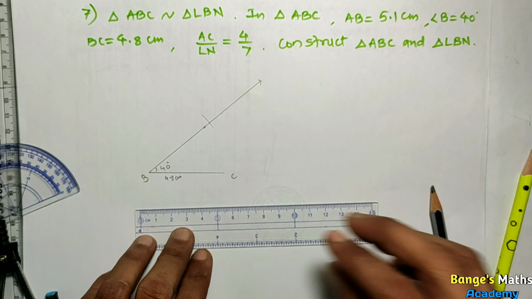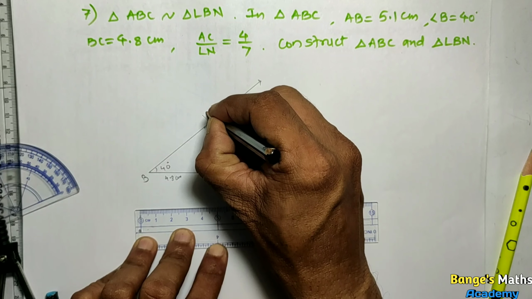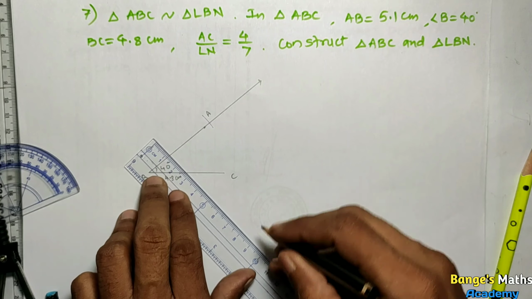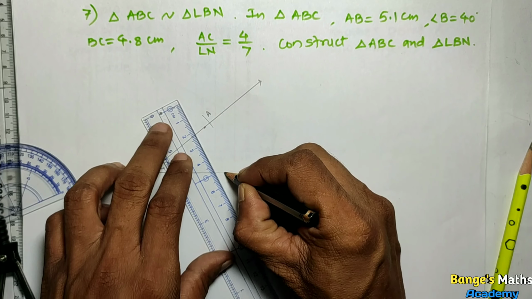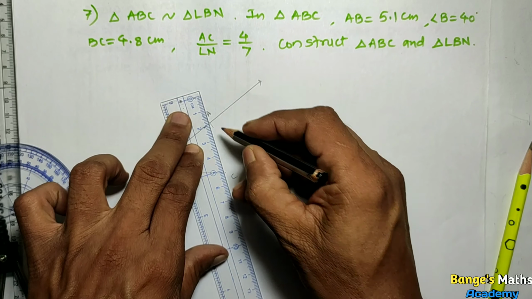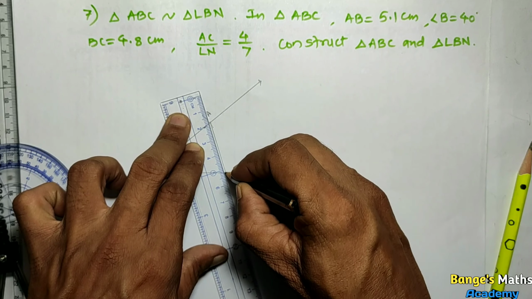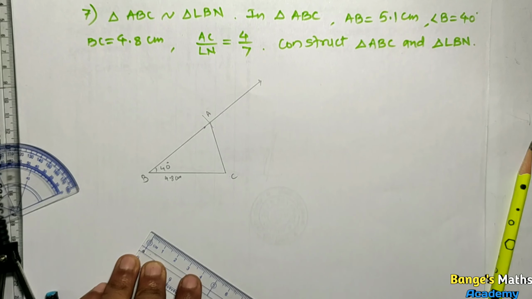We get point A. Join point A and point C. So we draw triangle ABC from the given information.